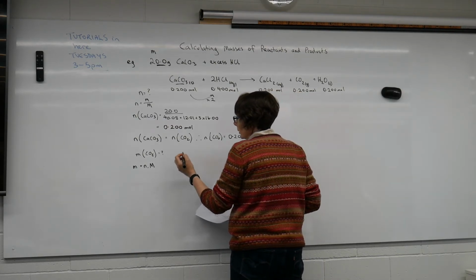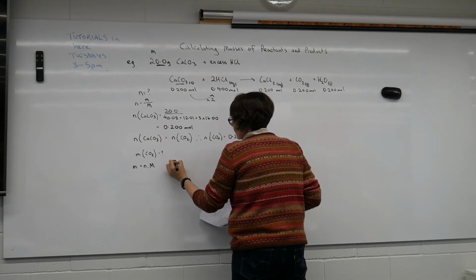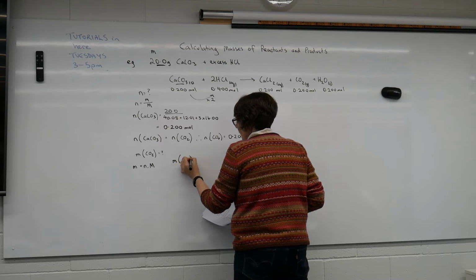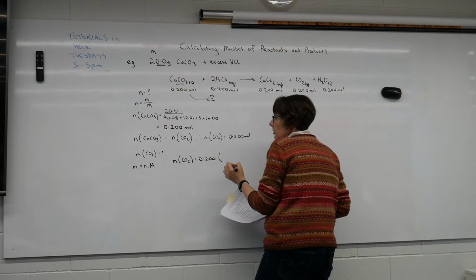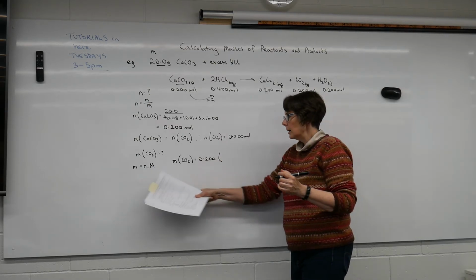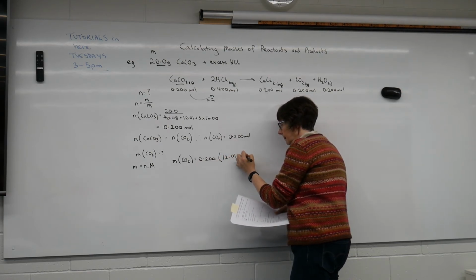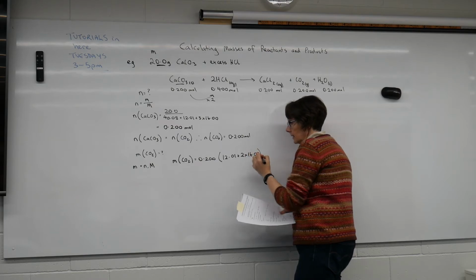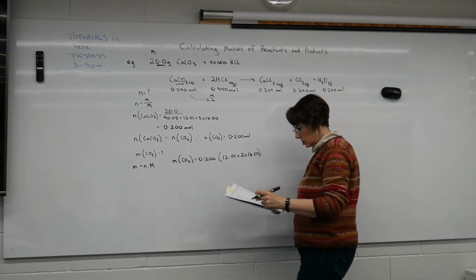And so the mass of carbon dioxide will equal 0.200, multiplied by the molecular mass of carbon dioxide, which I've just put in brackets so that we don't get our order of operations mixed up.